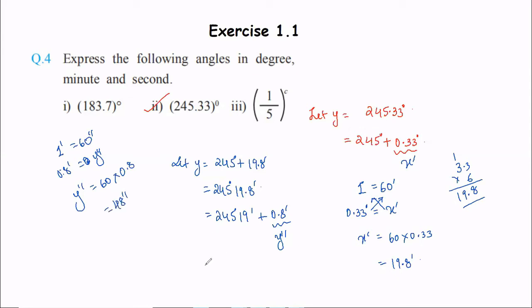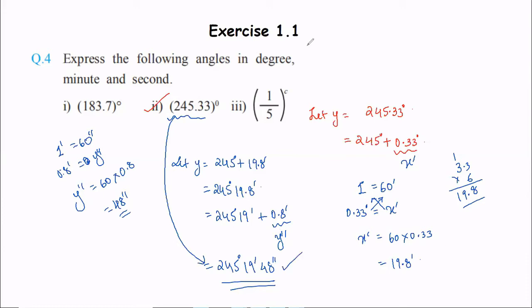So it will be 245 degrees, 19 minutes, and in place of 0.8, we substitute 48 seconds. That's how we get the conversion: 245.33 degrees is equivalent to 245 degrees, 19 minutes and 48 seconds.